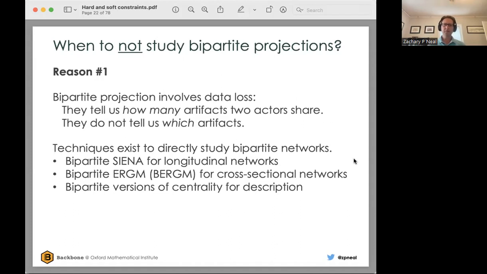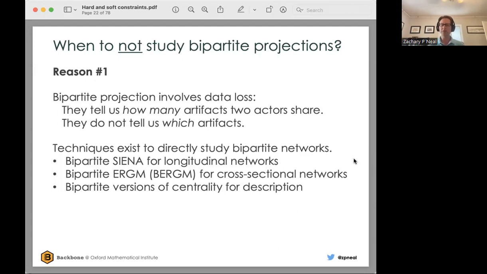So because the projection function involves losing some data, we may not want to do that if we don't have to. And a number of techniques now exist to directly study bipartite networks. So if we're interested in network evolution, there are routines for bipartite stochastic actor-oriented models in the Siena package. If we're interested in cross-sectional networks, exponential random graphs have been extended to the bipartite case.